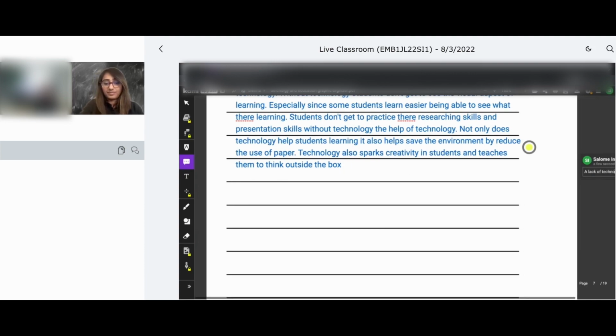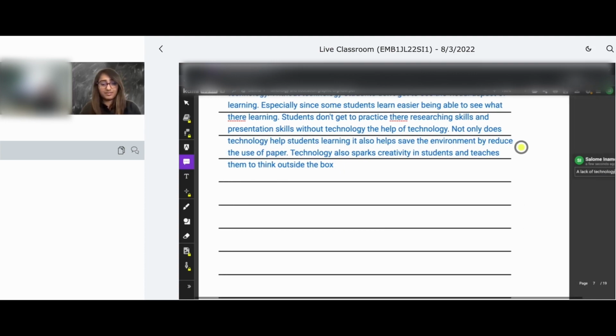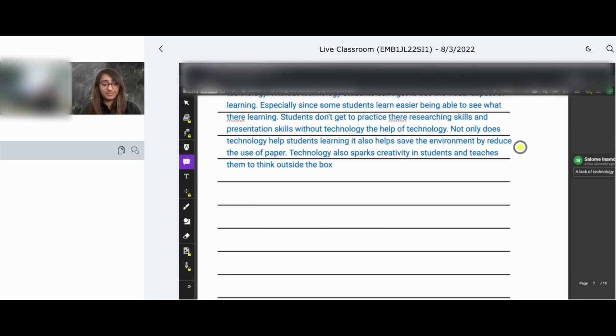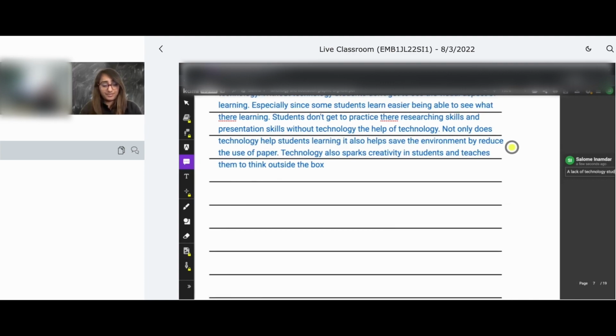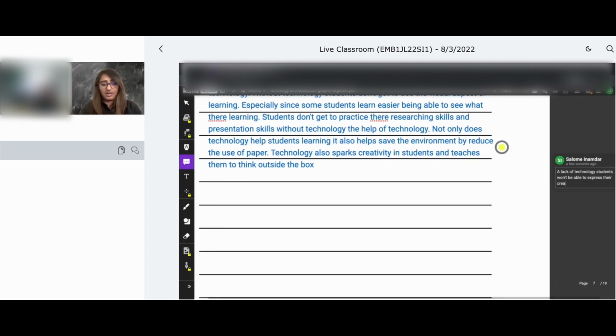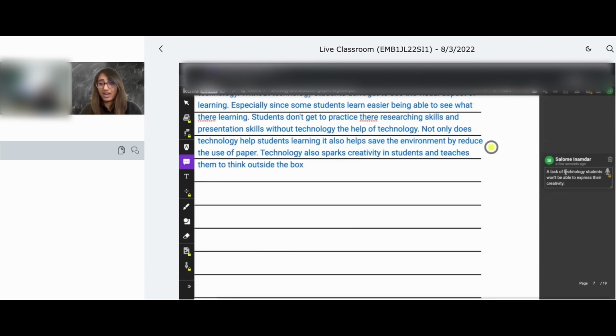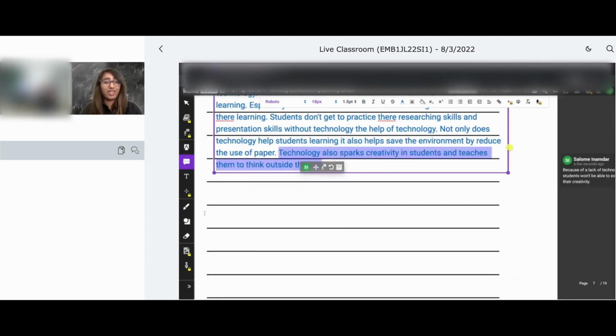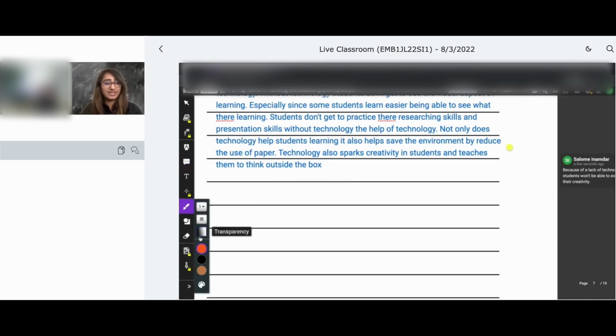If there's a lack of technology, students won't be able to be creative and use their creativity. Okay, let's use words like express their creativity. Sure. We're going to try to use as much varied vocabulary as possible for these essays. Yep, okay. So that's how we can rephrase this sentence.